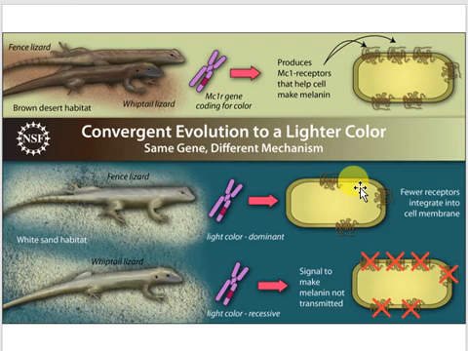in these lizards by reducing the amount of MC1 receptors that are integrated into cell membranes.